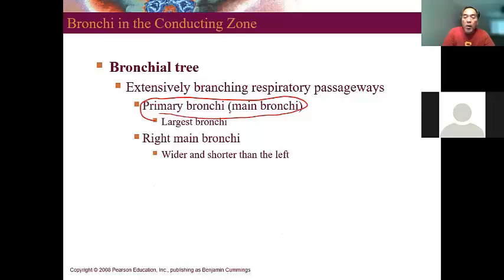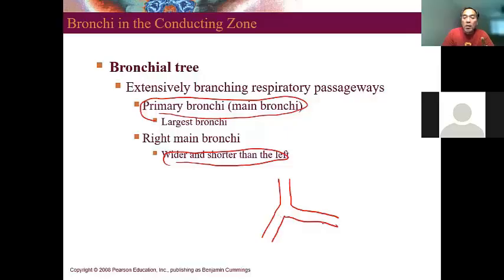But if you note the bronchi, the right bronchus is wider and shorter than the left. So if I draw a trachea into the bronchi, the right is wider and shorter, and the left is a little bit acute in angle, and it is a little bit longer, okay?